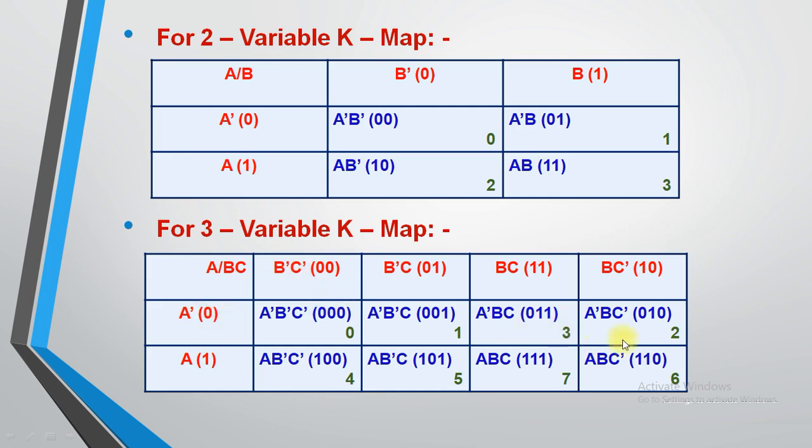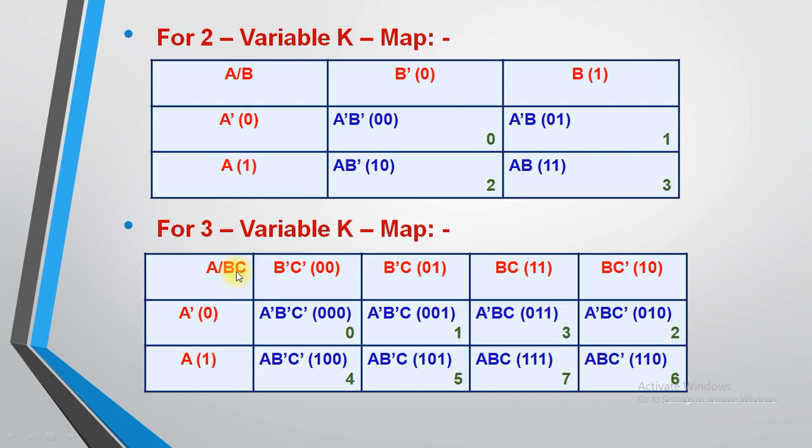You need to form 2 by 4. The first variable is A, that you need to write over here, in this way: A dash and A. And over here you need to write the combinations for the variables BC. BC means two variables.